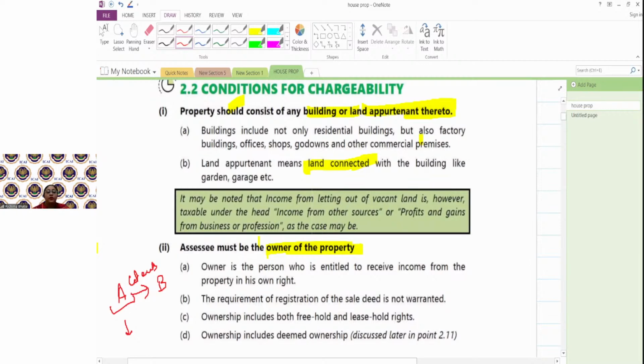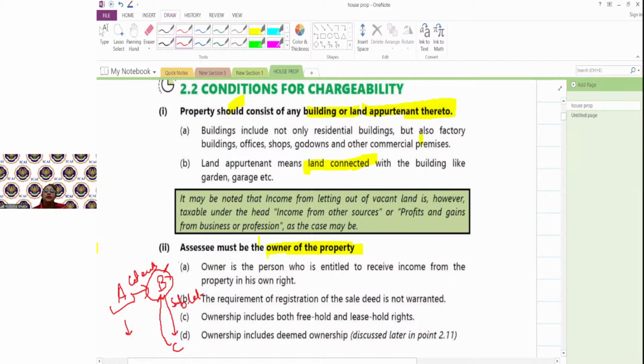One more important thing, that A should be the owner, which we got. But now suppose A lets out the property to B, and B further sublets the property to C. C is giving an income of rent to B. Just because it's a rental income would not make it an income from house property. The criteria is there should be a house property and you should be the owner. But B in this case is not the owner.